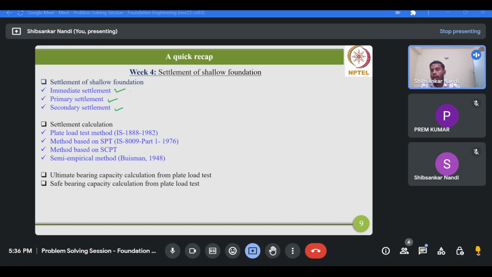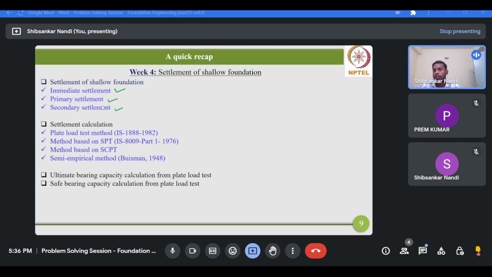From the basic fundamentals that you know, immediate settlement is the component which occurs during the application of the load, or immediately after application of the load, and mostly within 7 days. The primary settlement comes from the consolidation part, and the secondary settlement is contributed by the rearrangement of the soil particles at a constant effective stress.